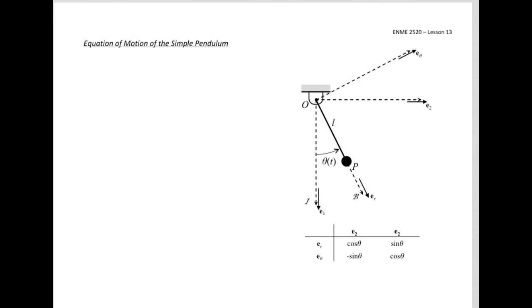Next, let's apply Newton's second law in that angular momentum form to solve for the equations of motion of a system. That expression was the time derivative, as observed in the inertial reference frame, of the angular momentum of mass P with respect to O, is equal to the moment of P with respect to O. And so we need to calculate the left-hand side and the right-hand side.